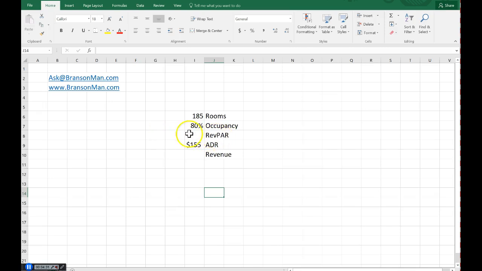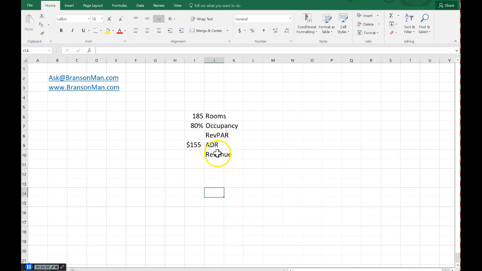So half of the hotel was sold to customers for 165. Then there's a group that came in and bought 50% of the rooms that were sold, and they bought them for 145. 165 and 145, you average those out, it's 155. So you can have multiple different rates and multiple different room types. That's why the average daily rate is important, because it gives you a good bird's eye view of what the room sold for.